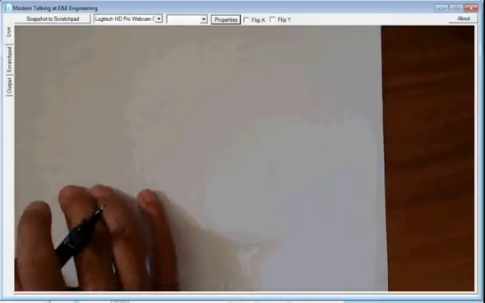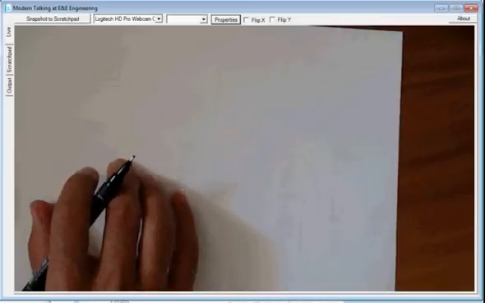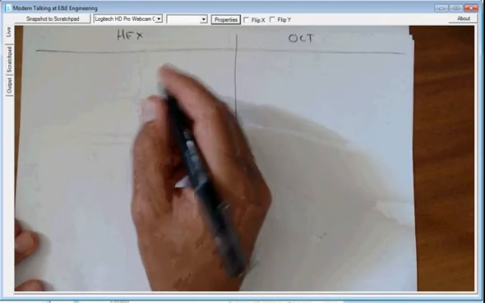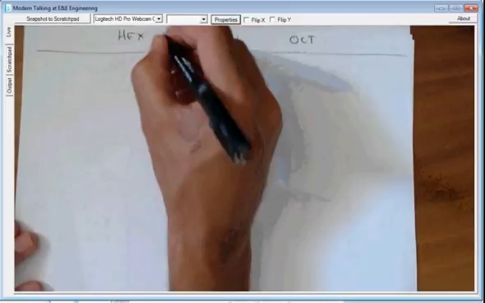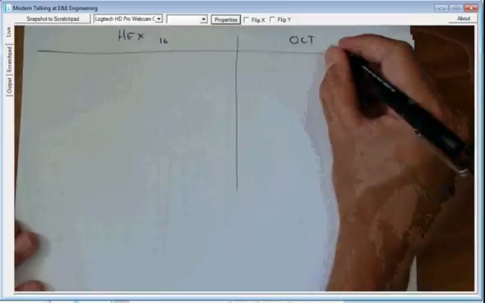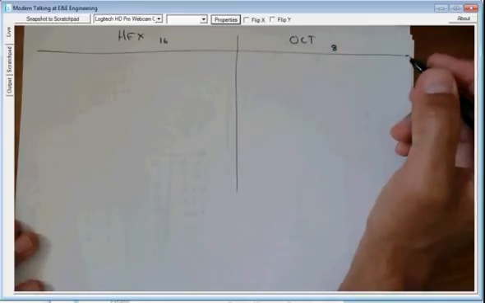What I also want to quickly introduce to you is the whole idea of hexadecimal and octal. So hexadecimal and octal, where hexadecimal is used quite a lot, octal is not really used that much. Hexadecimal has as a base or a radix 16, octal has as a base 8.